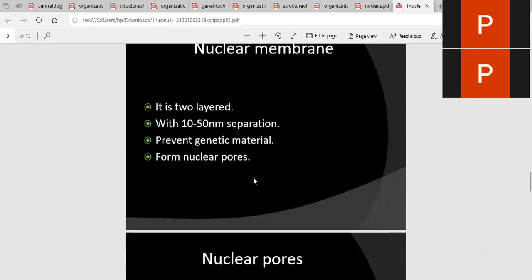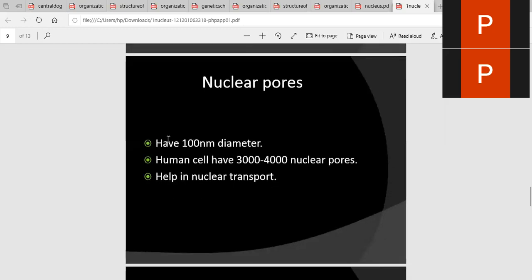Nuclear pores are those pores which allow the selective transfer of some material outside. For the purpose of cellular metabolism and gene expression, RNA or DNA molecules sometimes need to go outside, so it is important to regulate the transfer of genetic material outside the nucleus.